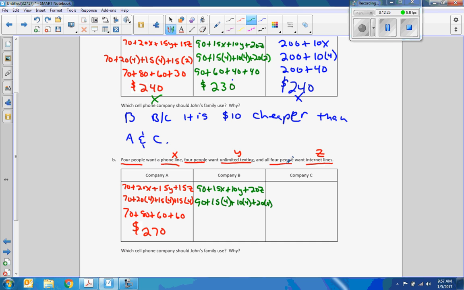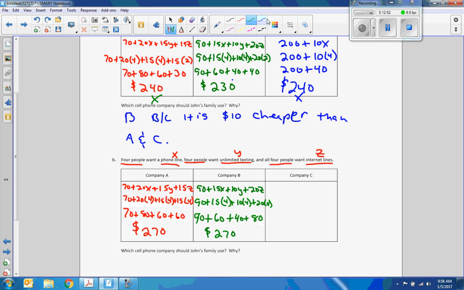Okay, 4 people. So 90 plus 15 times 4 is 60 plus 10 times 4 is 40 plus 20 times 4 is 80. 90 plus 60 is 150 plus 40 is 190 plus 80 is $270. So company A and company B are equal this time.